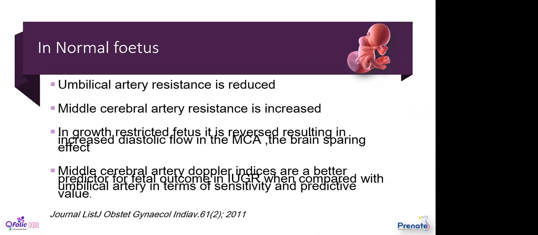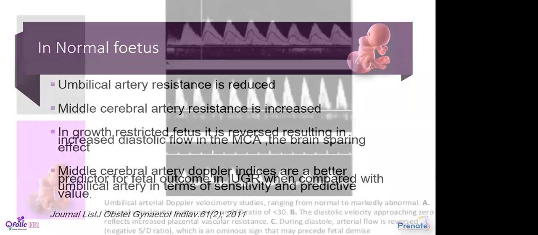There is increased blood supply to the brain to grow. So when we see the middle cerebral artery Doppler, there will be increased diastolic flow, and it is a better indicator for fetal outcome in IUGR when compared with the umbilical artery in terms of sensitivity and predictive value.